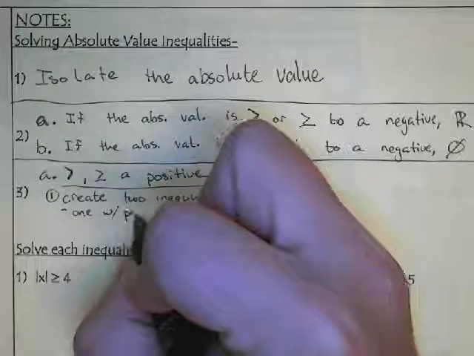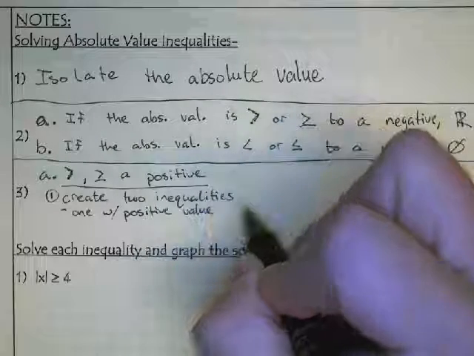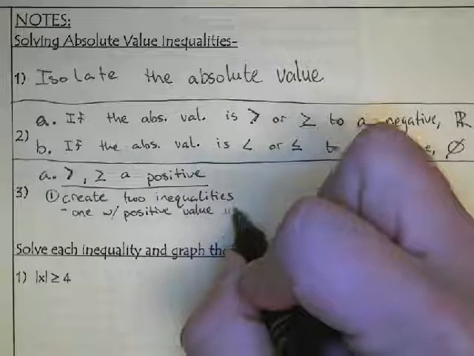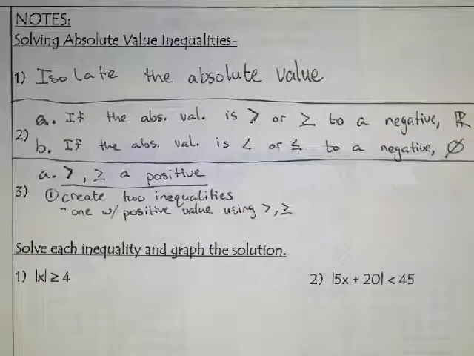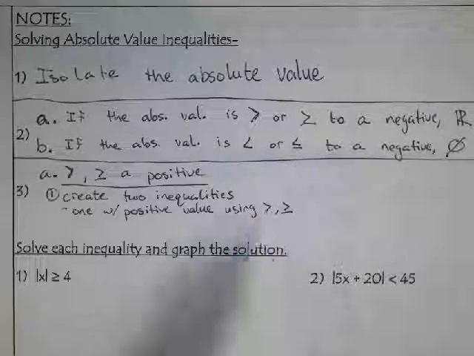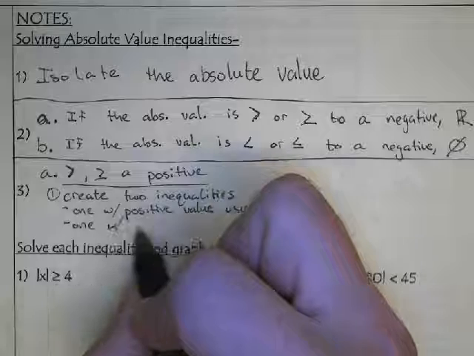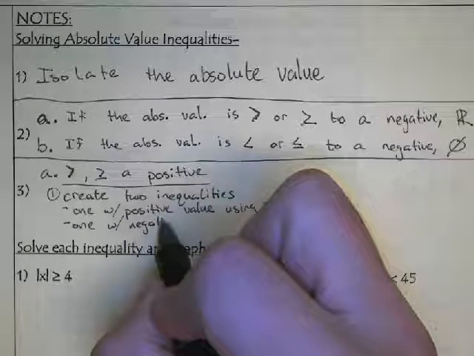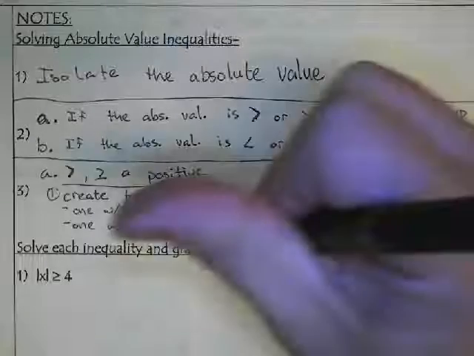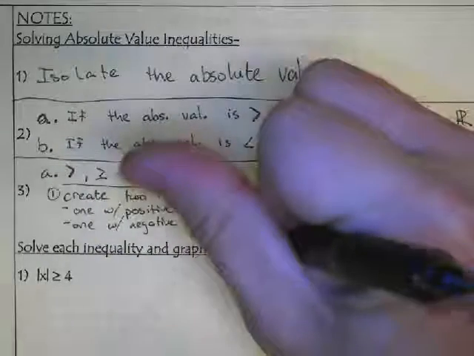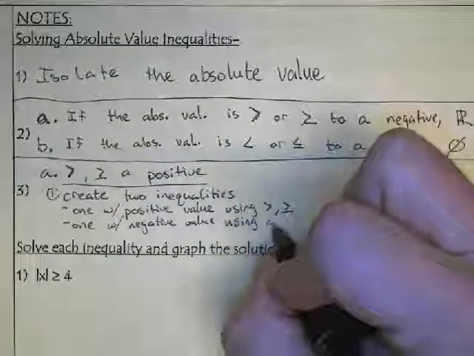One with the positive value, using greater than or the greater than or equal sign, depending on what we start with. If we start with greater than, we'll keep using our greater than. And one with the negative value using less than or equal to.